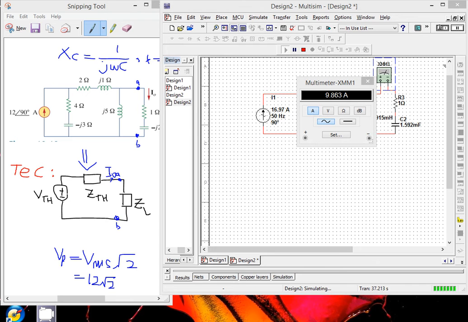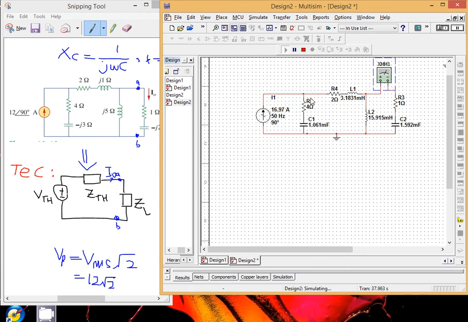So to measure your ZTH, you need to remove your source. If you have current source, you need to open circuit it, and if you have voltage source, you have to short circuit it.